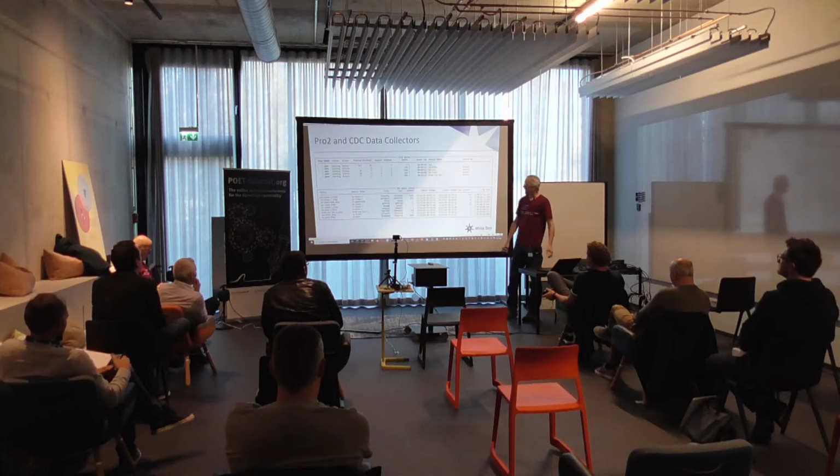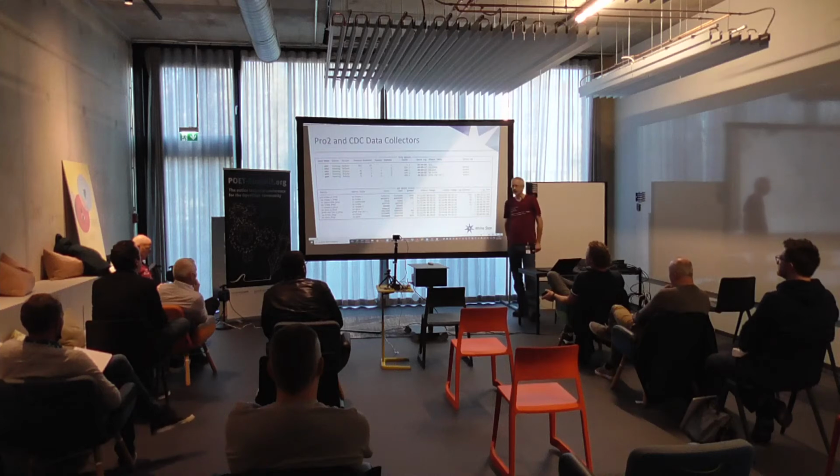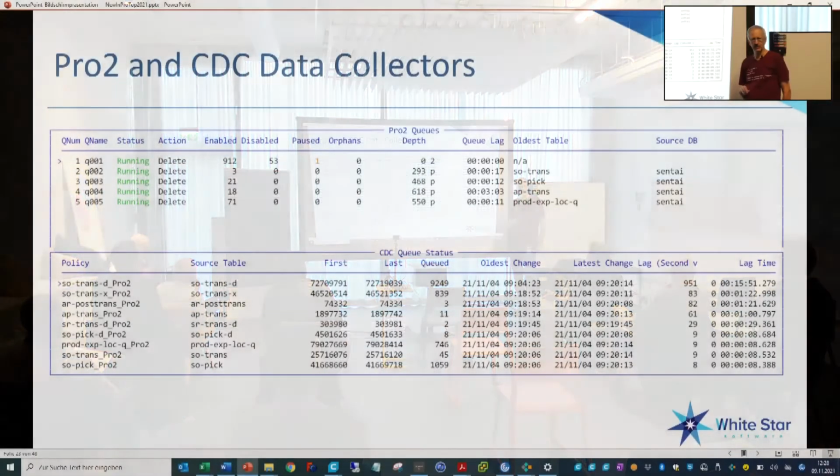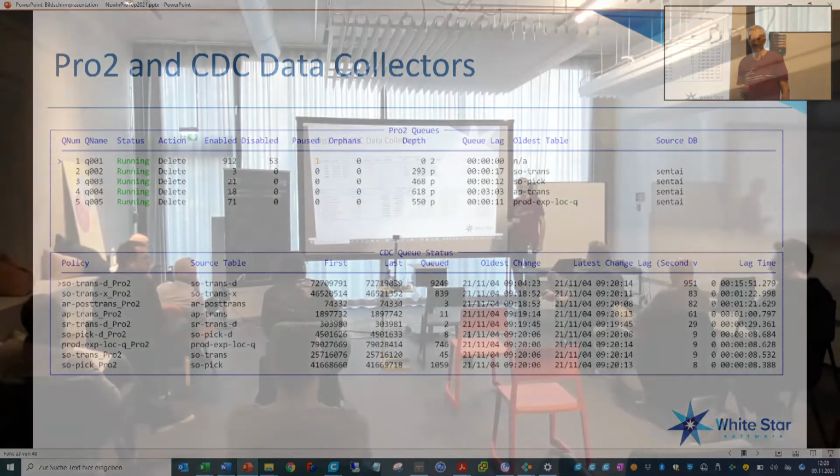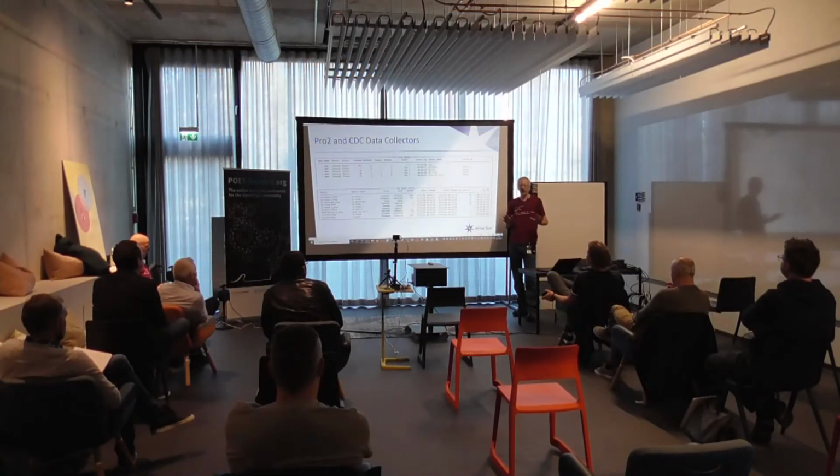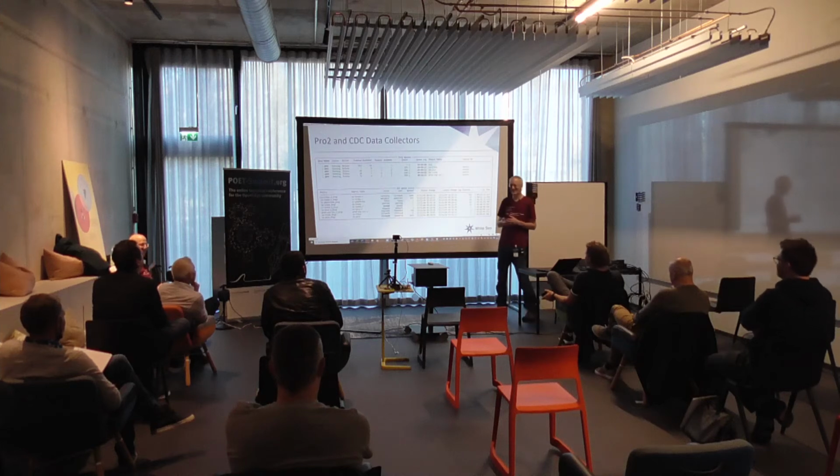Okay, got a couple of new data collectors for Pro2 and change data capture. So if you're running Pro2, how many people are actually running Pro2? A few of you? Okay, so at a typical conference, I would now say, oh, good, most of you. But you online people, I can't really see.